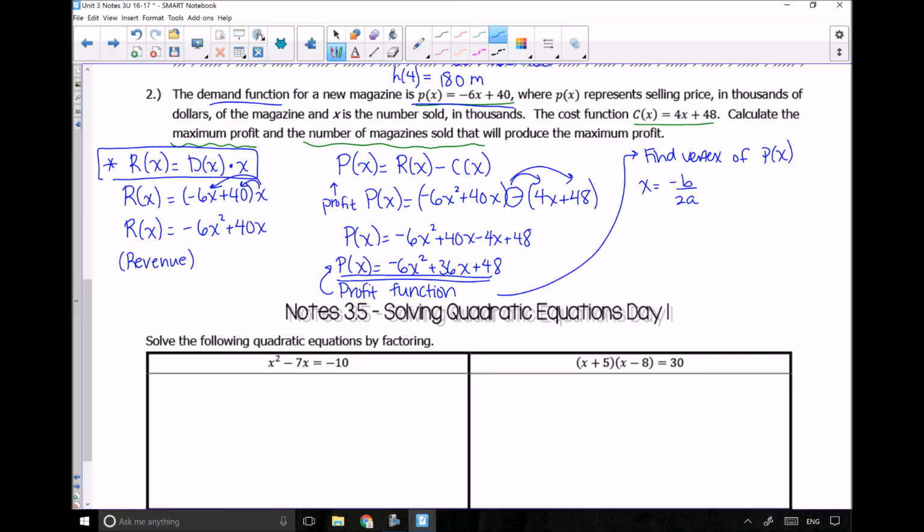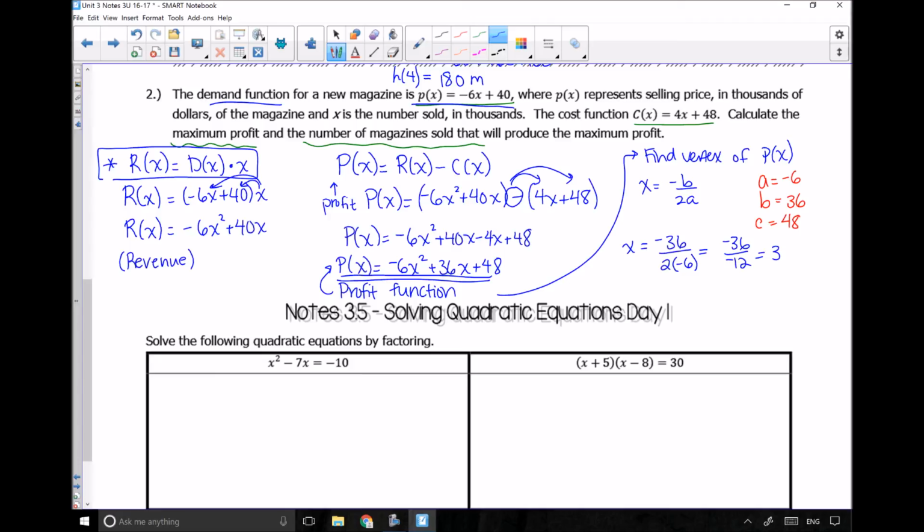Again, I'm going to take a look at my equation here, and I can see that my a value is negative 6, the b value is 36, and the c value is 48. So I'm going to do x equals negative b, or negative 36, over 2 times a, which is negative 6. So I get negative 36 over negative 12, which is 3.